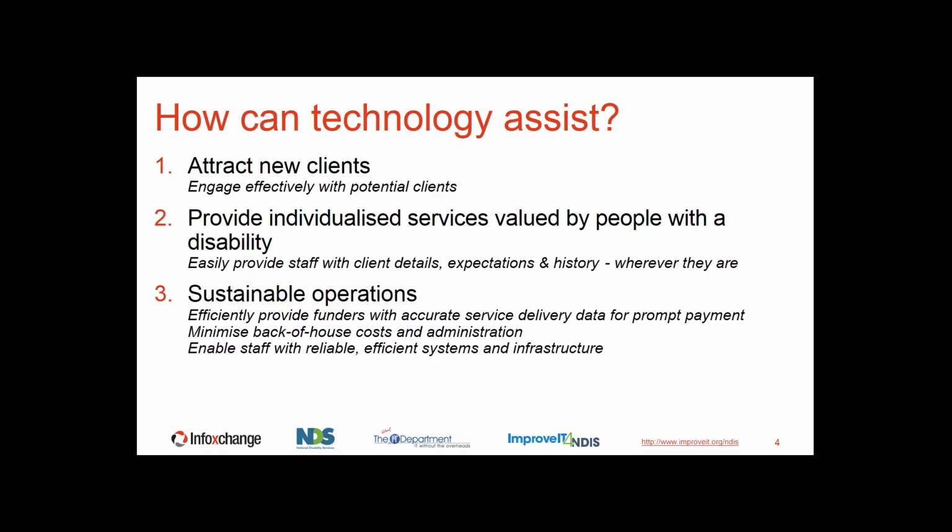And those individualised services and the care plans and care and service history that's provided through those client and case management systems really is critical to helping disability service providers thrive in this environment.